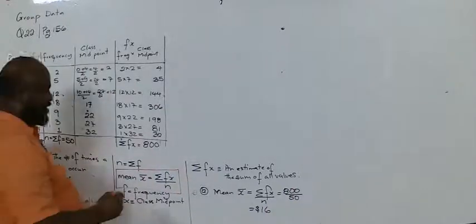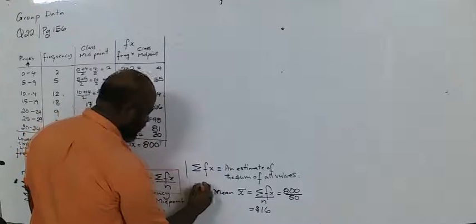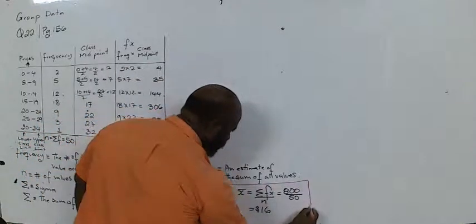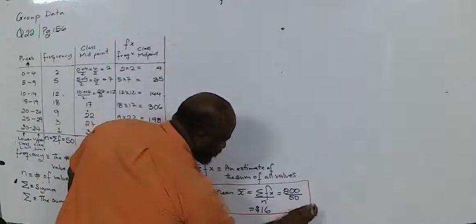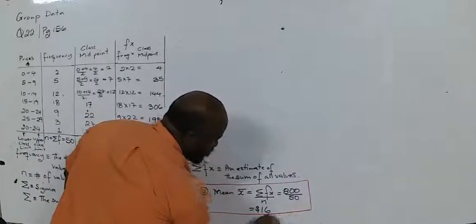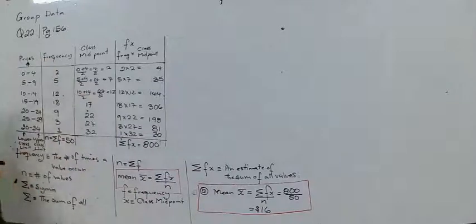Not 160, it's 16. That is A. As I said, in doing the questions, I'm doing a lot more than what is asked, don't I? Because I want to show you. You understand? Fine.